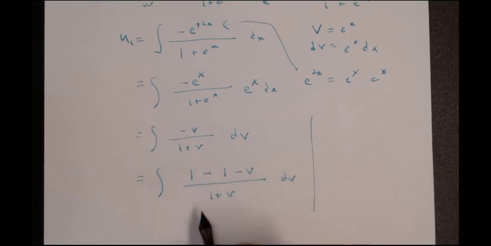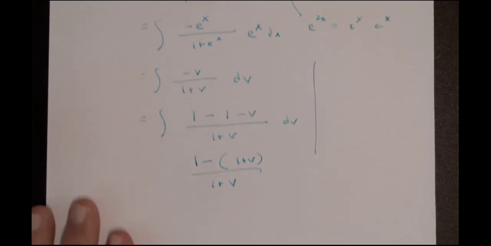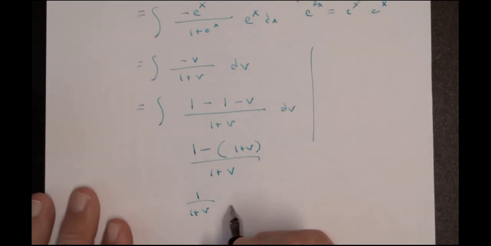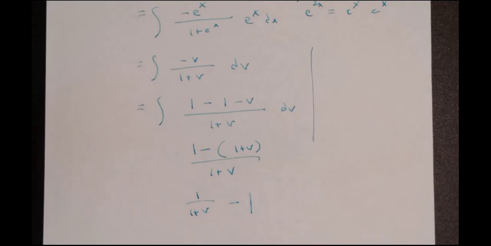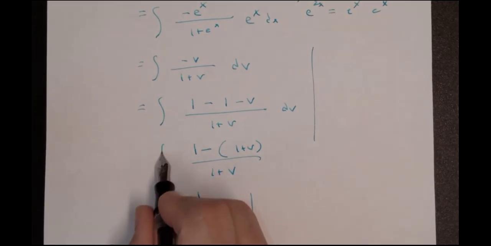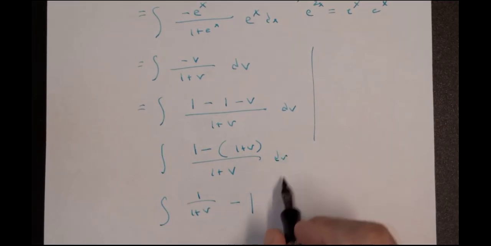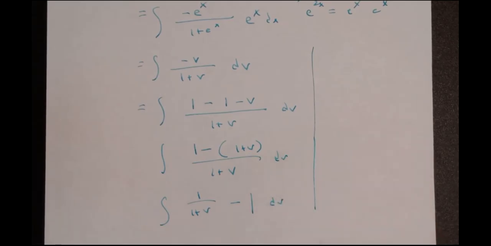Because what happens here is I get 1 minus 1 plus V over 1 plus V, and that's 1 over 1 plus V minus 1. What's the integral of 1 over 1 plus V?